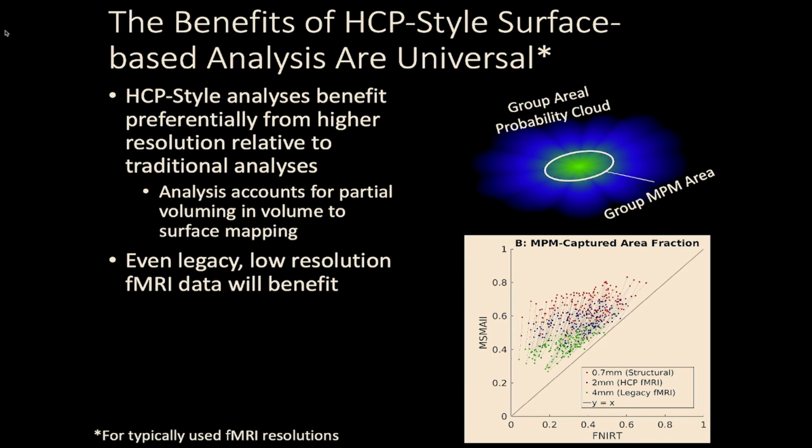So 4mm data are in green, 2mm data are in blue, and 0.7mm data, obviously not really a currently achievable fMRI resolution, but you can see that your ability to localize the signal of interest within a particular cortical area, not having it be off in a probability cloud, is always better for the surface-based analysis, even if you're talking about 4mm data. So any data that's out there is going to benefit from surface-based analysis. It's just a question of how much.